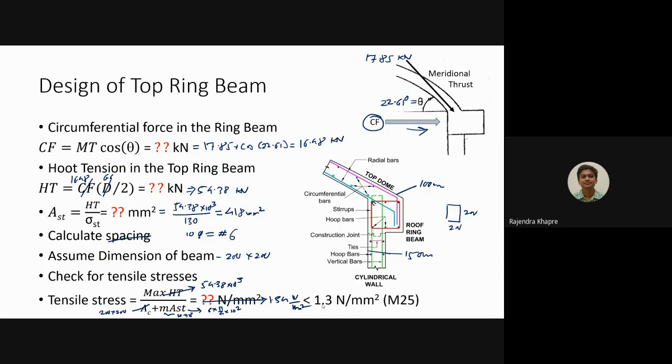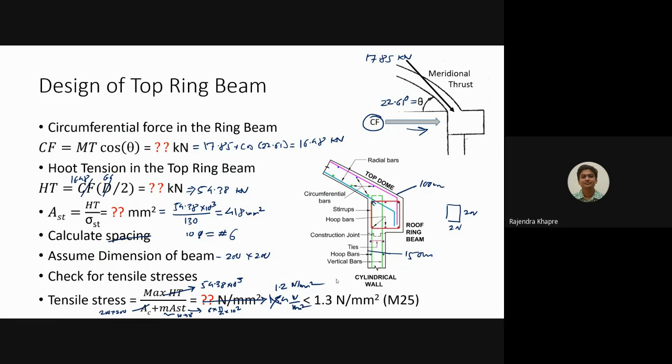It is coming as 1.2. Okay, anyway, if this is 1.2, fine, it is safe.